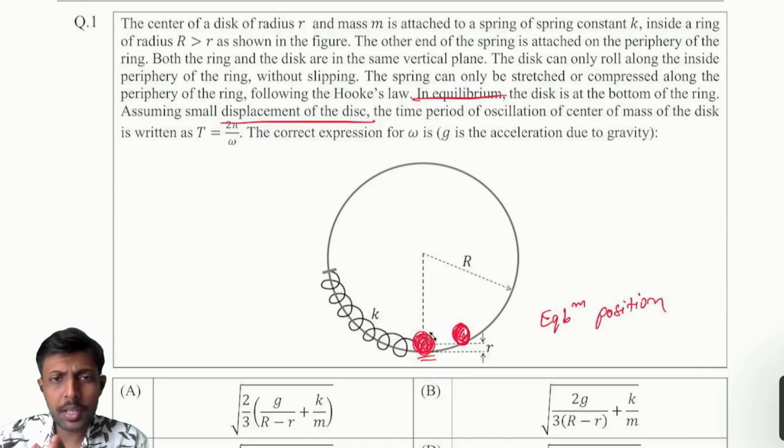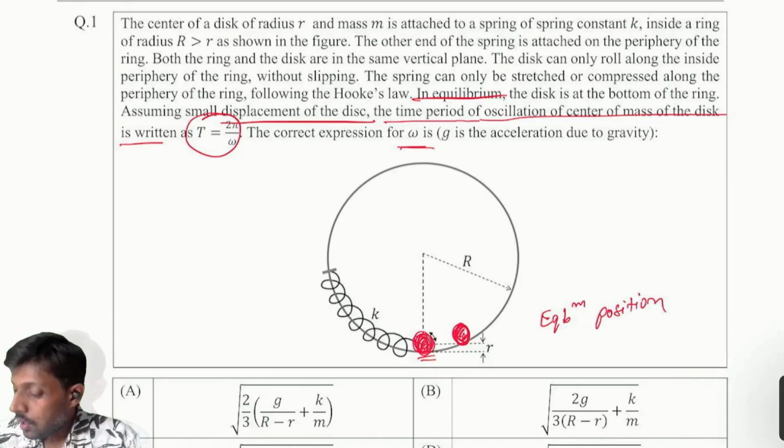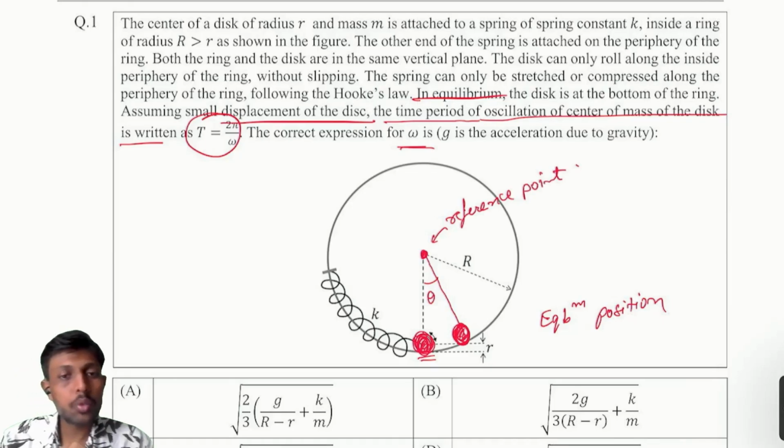Assuming a small displacement, the time period of oscillation of the center of mass is given, and you have to find the expression for omega. This small displacement we can quantify by an angle from the center. This is our reference point. We will be observing the motion from this position.